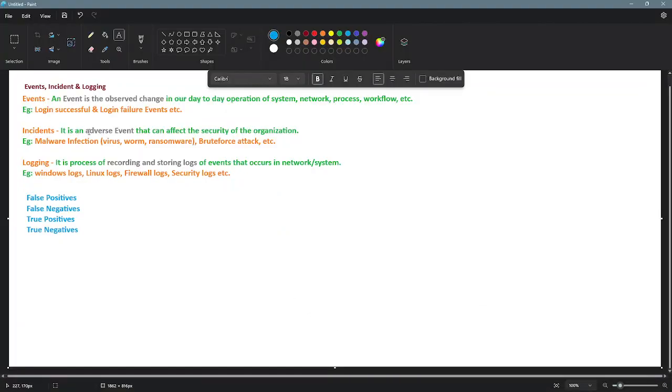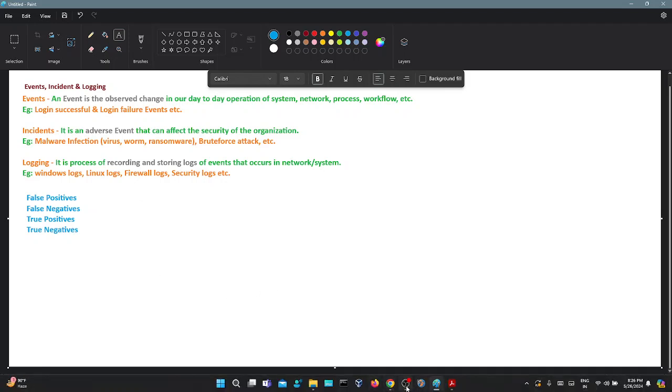I am talking about that adverse event. So as you know, any change is called an event. In this example, the change is that there is a cat in your kitchen, and that is called an event, because it does not affect your house or you. But in the robber case, it will affect you and your home, that's why it is called an adverse event or incident.